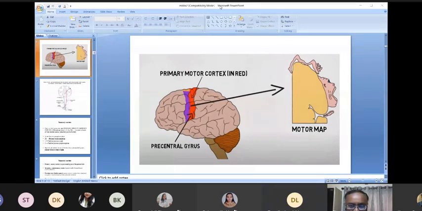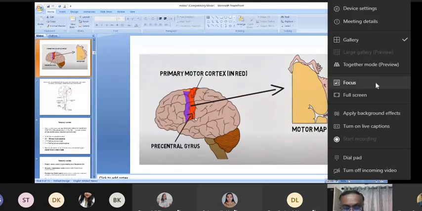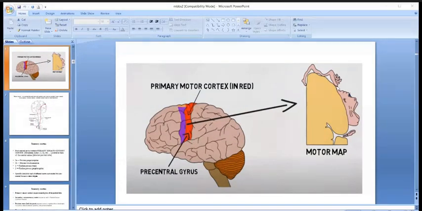Yes, sir. Now, the motor homunculus is here, and the sensory homunculus is here. Homunculus means map, and the map is not a photocopy of our body image. It is a caricature or a cartoon picture of our body.